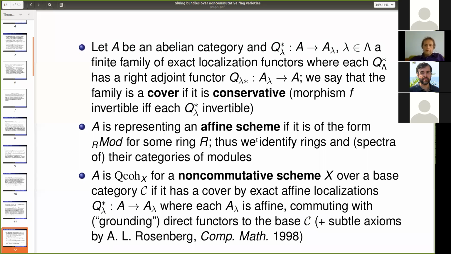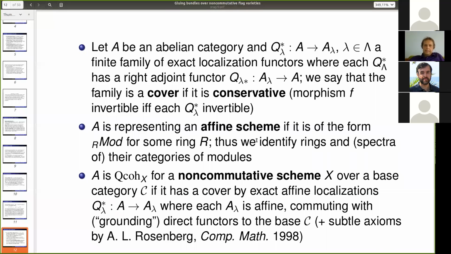So now, let me go back. Let's assume that everything is flat. Then there is a way to say what is a scheme, at least for good schemes like semi-separated quasi-compact, in a completely functorial language. And that has been done in Rosenberg's paper in Compositio Mathematica 98.